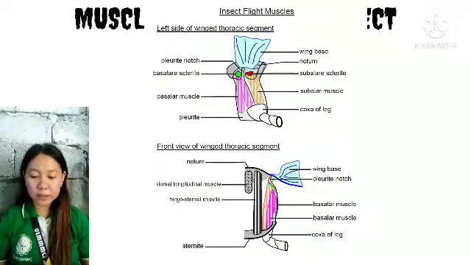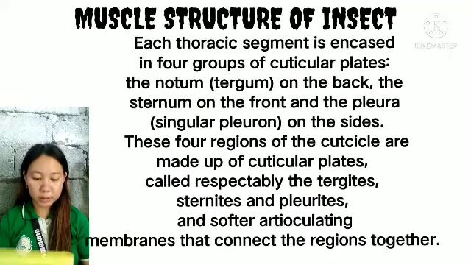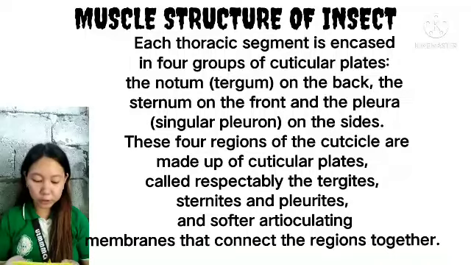Insect flight muscles. Each thoracic segment is encased in four groups of cuticular plates: the notum or tergum on the back, the sternum on the front, and the pleura, or singular pleuron, on the sides. These four regions of the cuticle are made up of cuticular plates called respectively the tergites, sternites, and pleurites, and softer articulating membranes that connect the regions together.